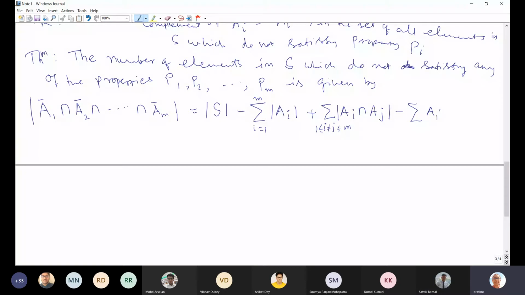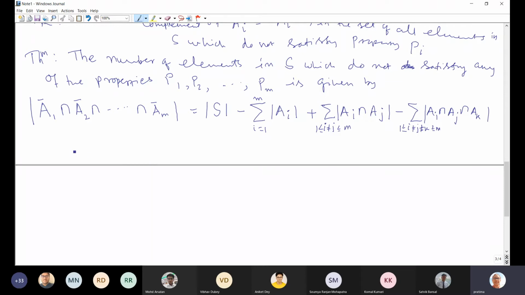Three at a time: the cardinality of Ai intersection Aj intersection Ak. We take the cardinality of this set over all i, j, k, which are different, selecting all possible triplets from 1 to m.